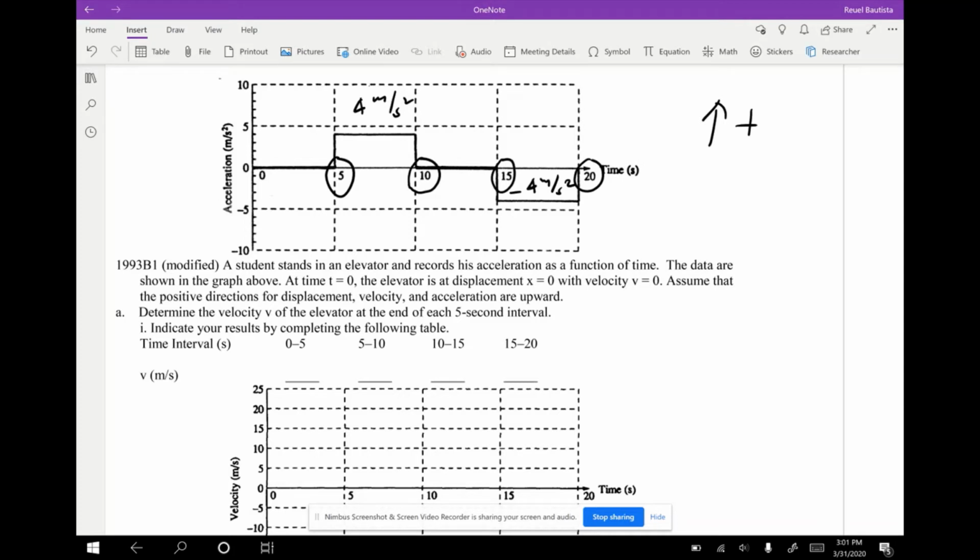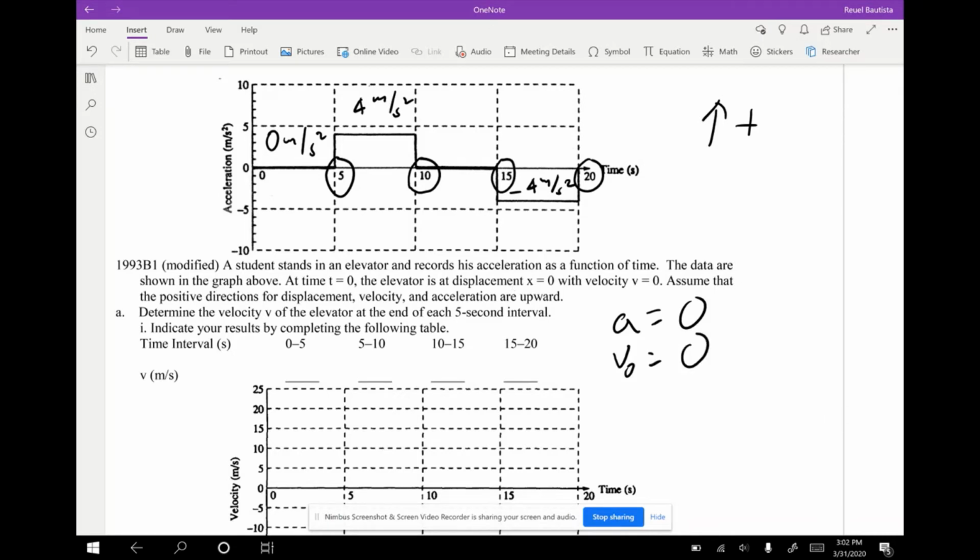We also know our x during that time is 0, but that's kind of irrelevant. So during the first 5 seconds, let t equal 5. What equation can I use to find the velocity at the end of the 5 seconds?